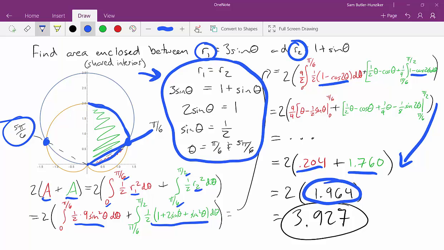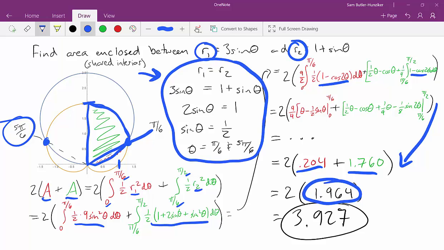And we've got this figure here that's being traced out that we're saying has an area of about 2. Well, we go out to a little bit past 1 on the x-axis and up to 2 on the y-axis. So it should be a little bit less than 2, so that makes sense.